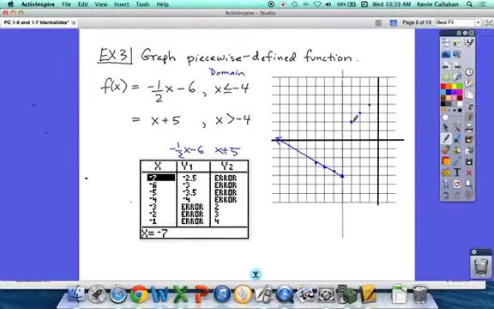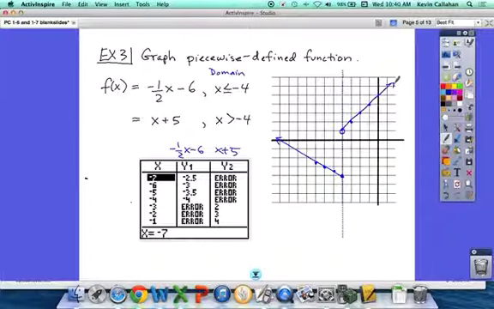Okay, for this one, then, if I connect the dots, it's got to go all the way up to that line, right? It starts when x is greater than -4, but it does not include -4. So I do an open circle at x equals -4, and then it goes off like that.